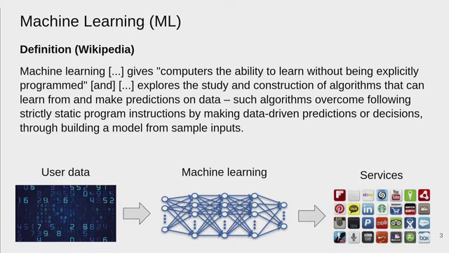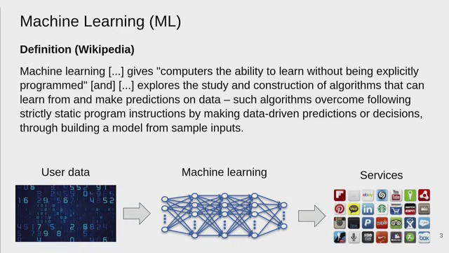But a very short definition here is that machine learning gives computers the ability to learn without being explicitly programmed. And usually this happens by throwing a lot of data at some learning algorithm that then infers some statistics, and then using these massive amounts of data tries to infer some results.